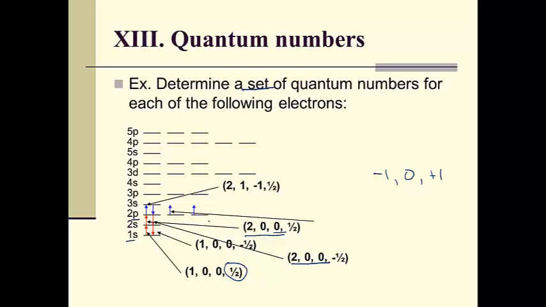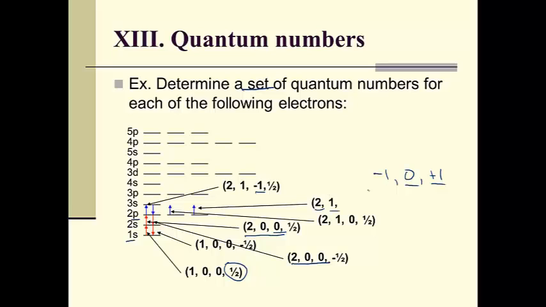Next orbital, it's also in a 2p, so it has to be a 2 and a 1. It's a different orbital, so you can't use -1. So our values are either 0 or +1. So we'll pick 0, upspin, so +1/2. The next one, 2, 1, energy level 2, p.